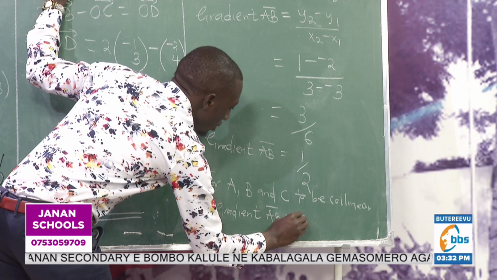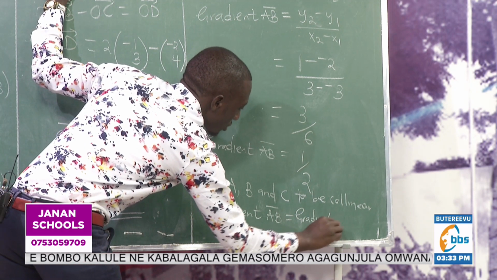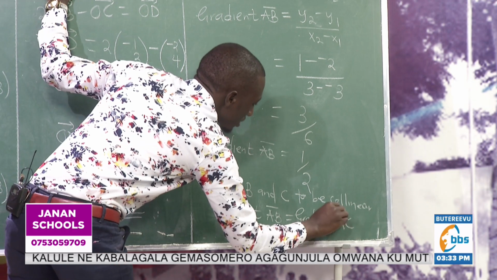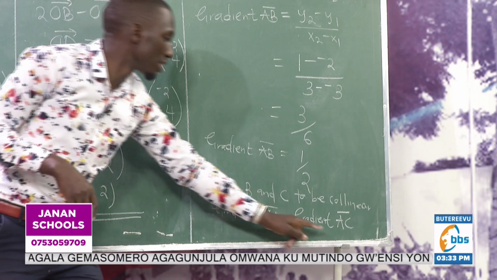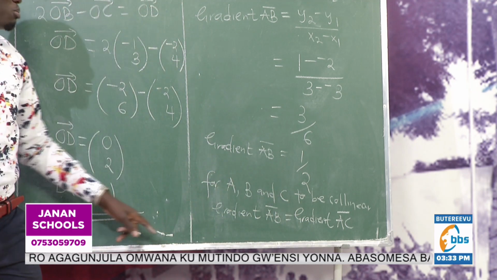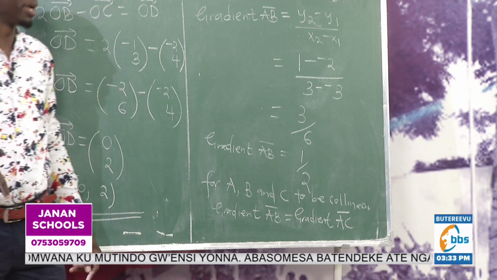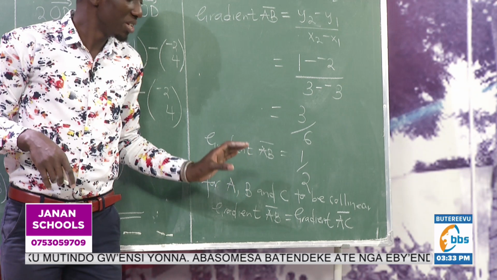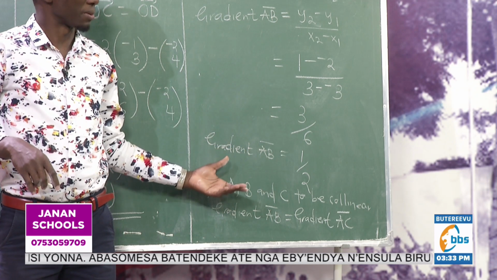I just want to also engage this because I want to find some unknown there. Even if you use BC, it will be the same thing. So now I'm going to get the gradient of SC, then equate it to the gradient of AB, which I've got. Then this will help me to get the value of K. But again, there's a different way of doing this number, but in this case this is the easiest way that you can use.